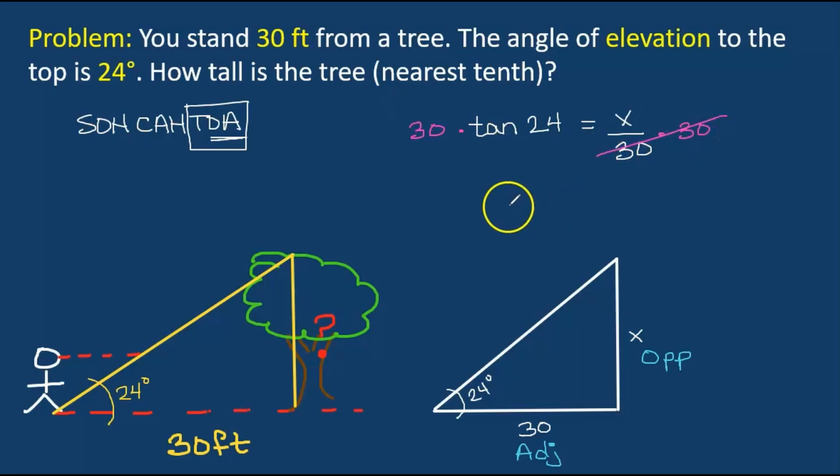That's going to give me x equals 30 times tangent of 24. This is what we're going to put into our calculator. When I do that, I get 13.3568 on and on because it's an irrational number, and I'm going to round that to 13.4 feet.